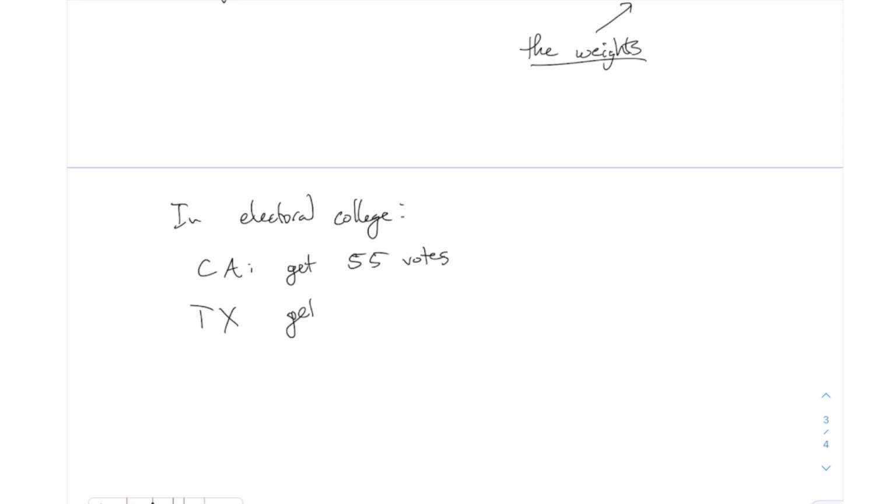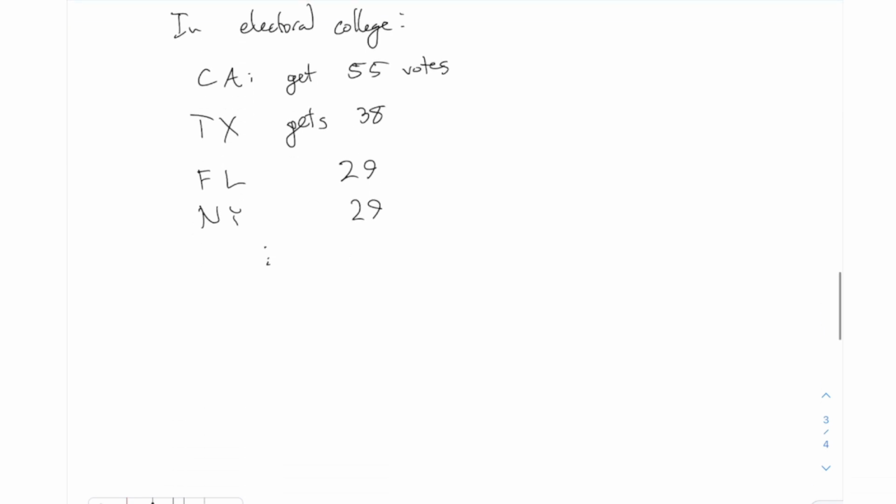These numbers change every so often based on changing populations of the states. Texas gets 38 votes. That's the next biggest. Florida gets 29 votes. Also New York, the state of New York, gets 29, etc. The smaller states get less. The smallest state by Electoral College votes is Delaware, which gets 3.